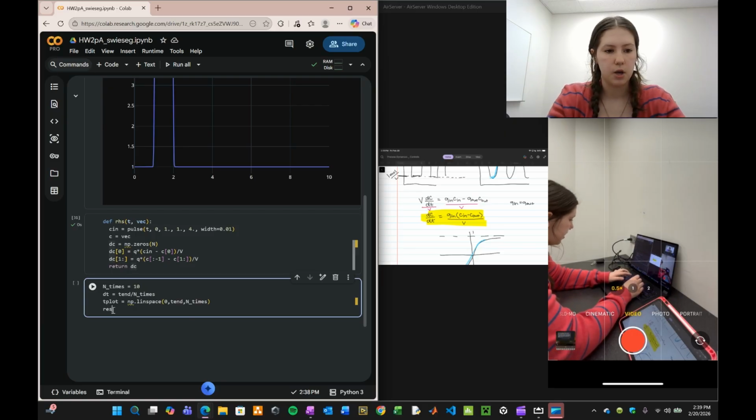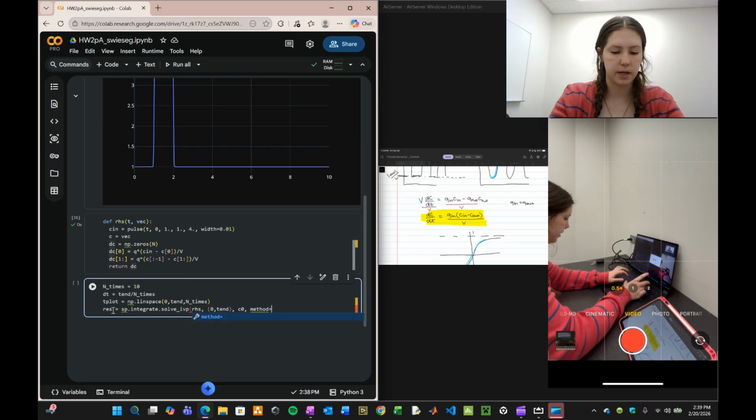So we're going to say our results equal scipy.integrate.solve_ivp. And we want it to solve our right-hand side from 0 to Tn. And we want our initial concentration to be C naught. And we want our method to be 'Radau'. Oh, we only need individual quotations for that, actually. And then we want our dense_output to equal True.